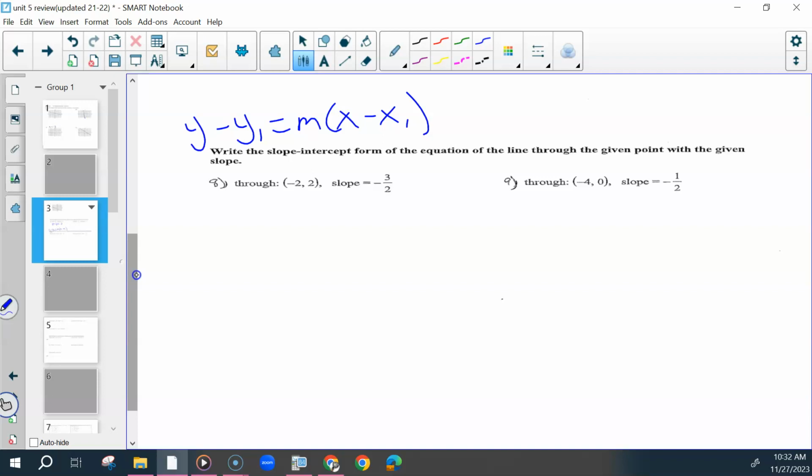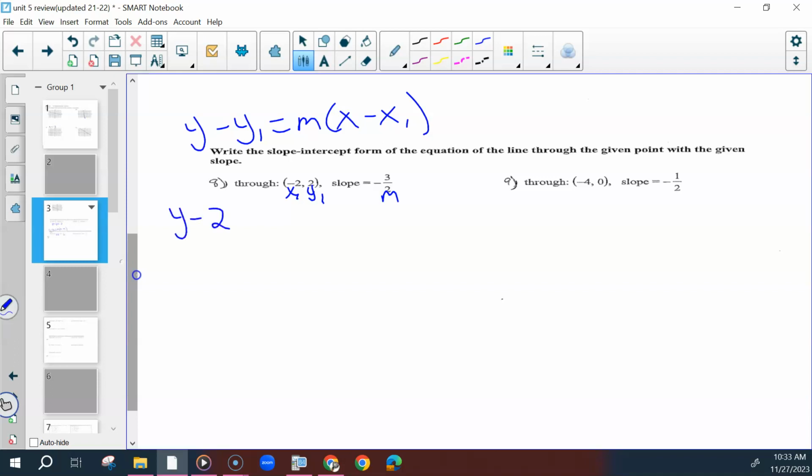So if you see it goes through a point, you have your slope, you're using this. And then you have your x1, your y1, and your slope m. And you're putting those three numbers into your formula. If you see a negative, you can either make it plus or you can put minus minus. How you do that is up to you.